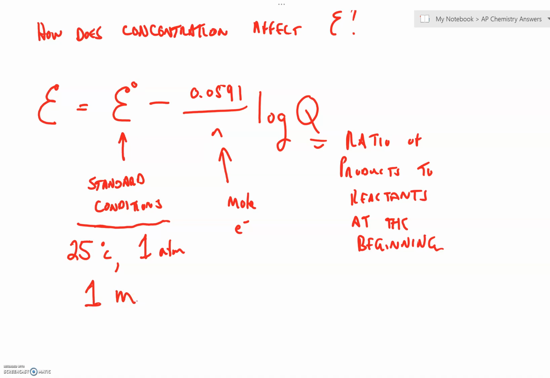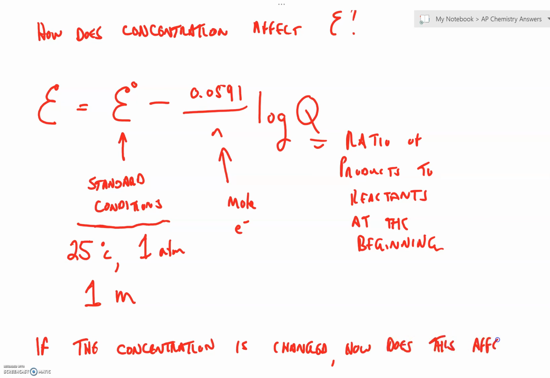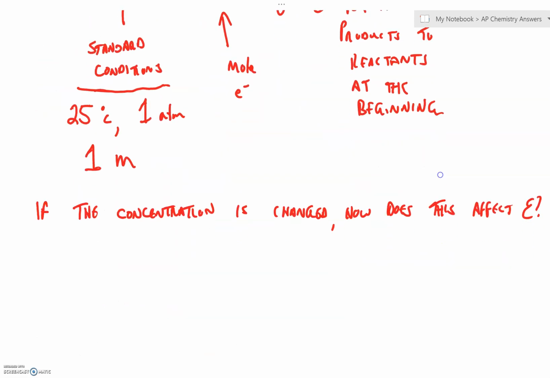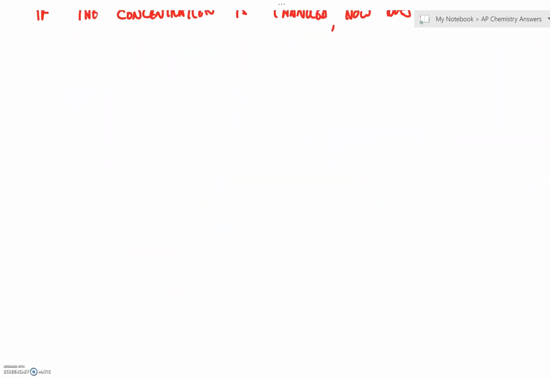So basically we're asking if the concentration is changed, how does this affect cell potential? And you can probably guess that as the concentration decreases, our cell potential also decreases.